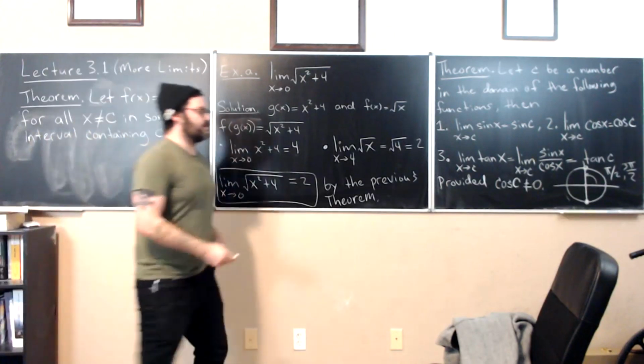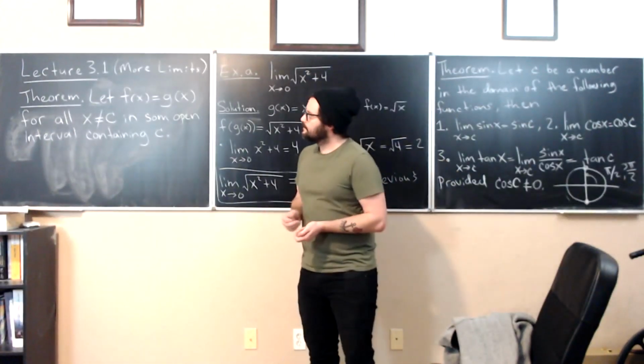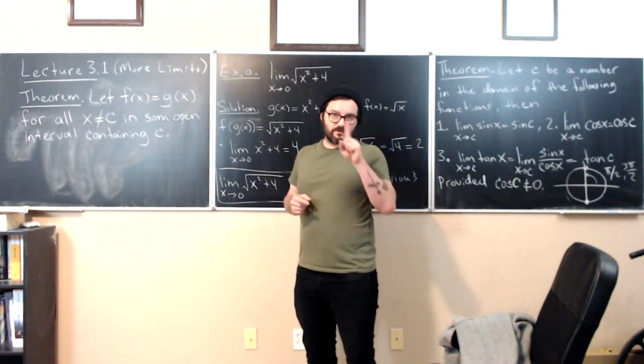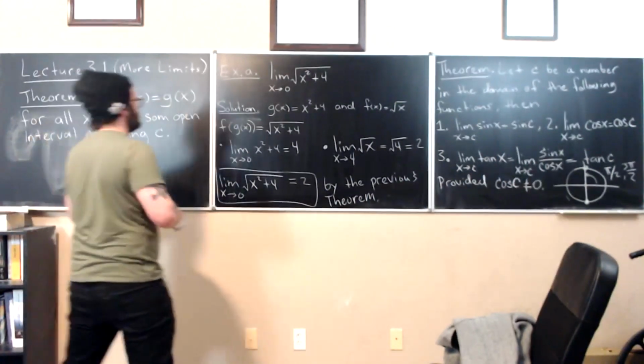Okay, so what's the picture that you should be imagining with the statement of this theorem? Well, on some open interval, they're the same function except at one spot. And that one spot is precisely x equals c.